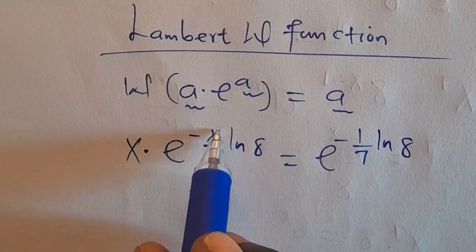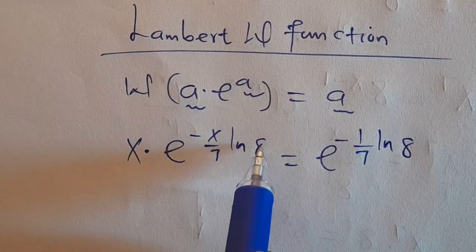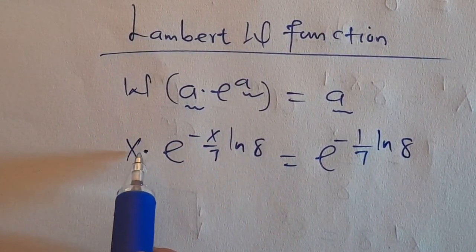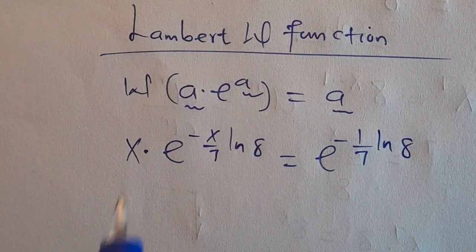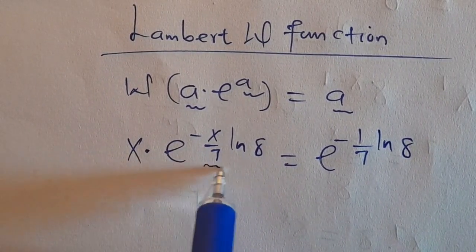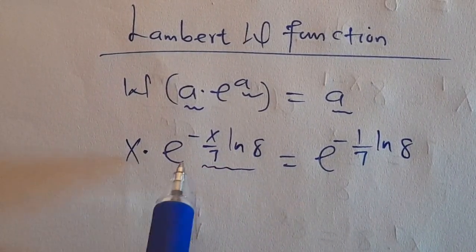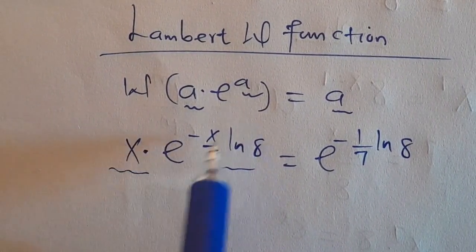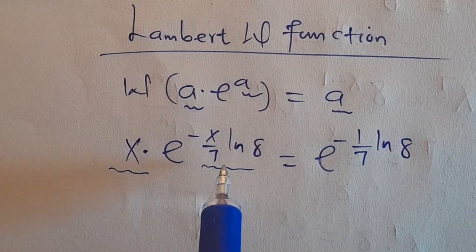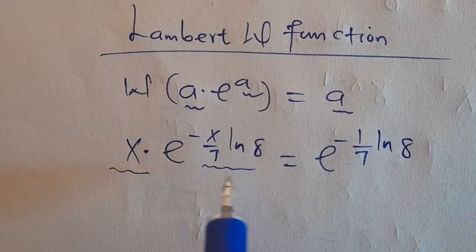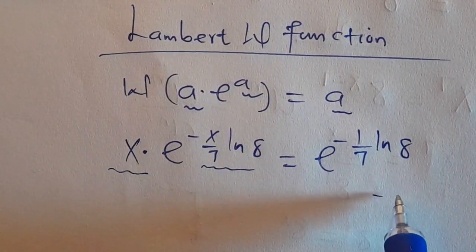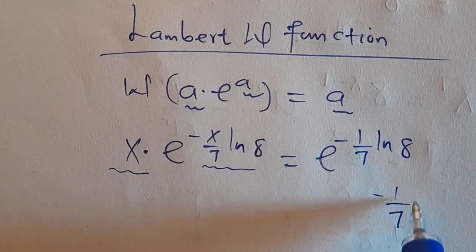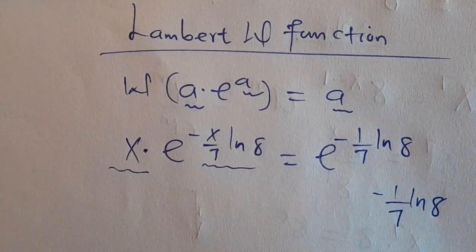We have minus x divided by 7 ln of 8, so here we have only x. To make sure that the power is equal to the base, we have to multiply the whole of this by minus 1 over 7 ln of 8.